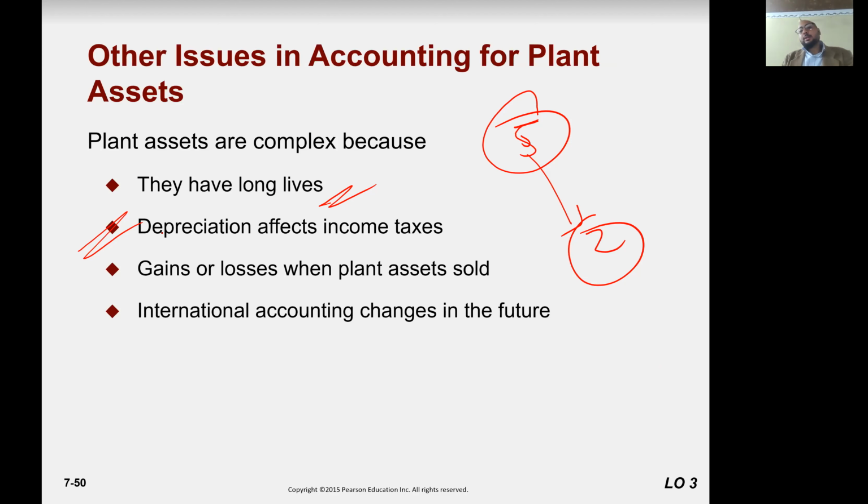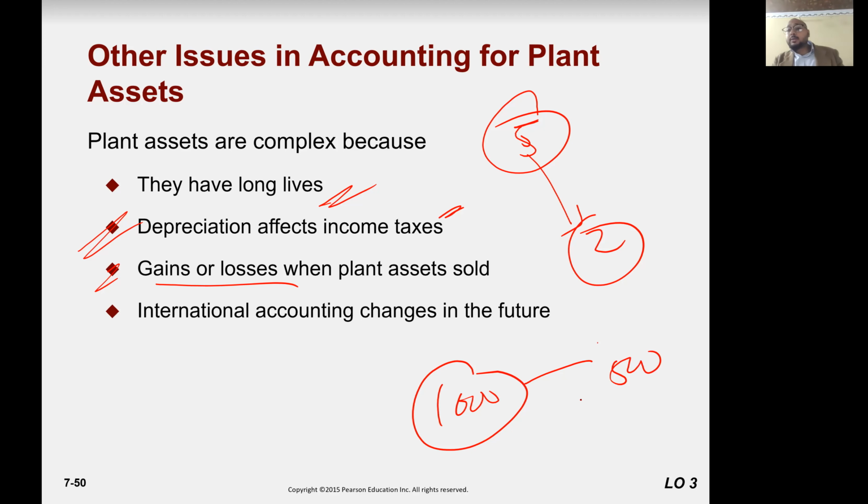Okay. So what if we talk about that? Okay, we are going to sell our asset at 1,000. What if the asset is sold at 500? You planned that the salvage value would be 1,000, or what if it is 2,000 rather than 1,000? Then we call this gain and loss.